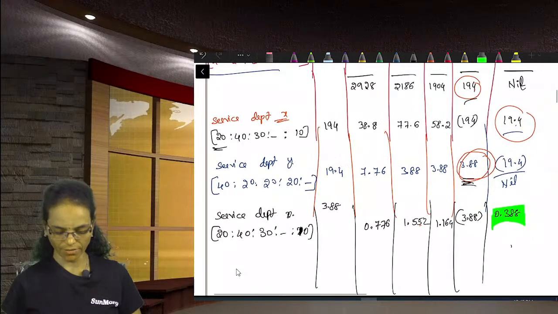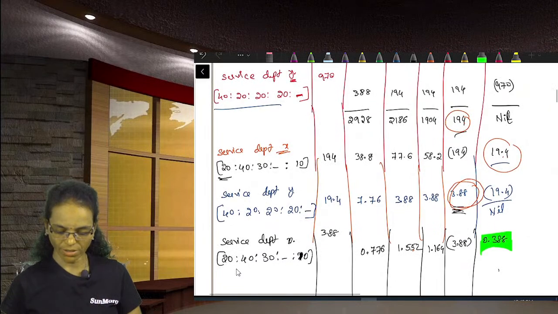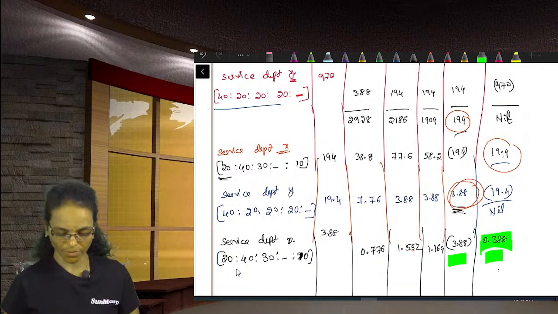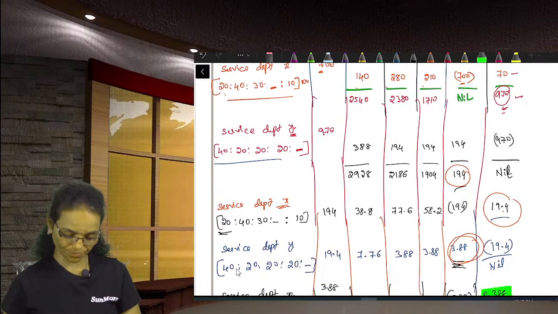So this is enough. Now you add the entire expenditure towards the production departments. Any service department expenditure got distributed to production departments. Now we need to add the entire expenditure of the production departments.